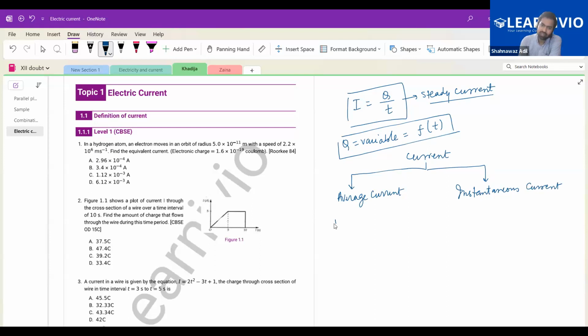Right, so average current is what? I average is delta Q by delta T. And instantaneous current, the shorthand notation is I equals dq by dt. Right, so these are the currents that we have studied, right?